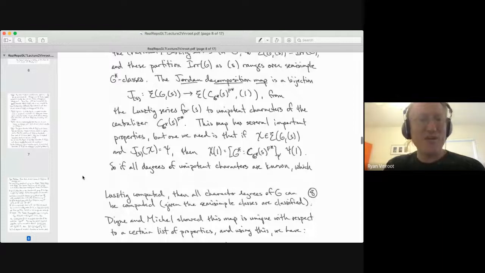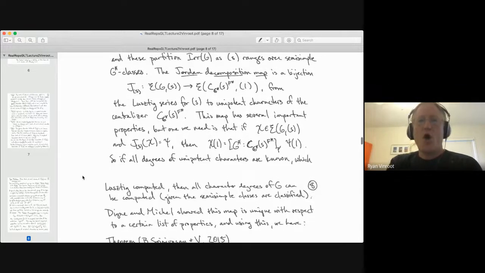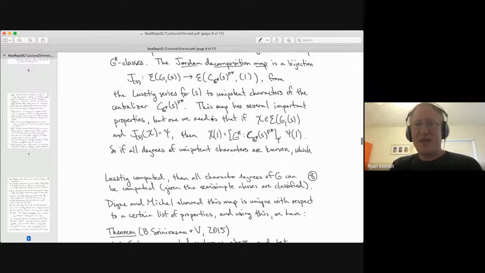But something you pointed out last time, not everything is answered here. There are a lot of answers for finite groups of Lie type, and there are still a lot of open questions in terms of structure. Okay, so this Jordan decomposition map, here's something in terms of structure.